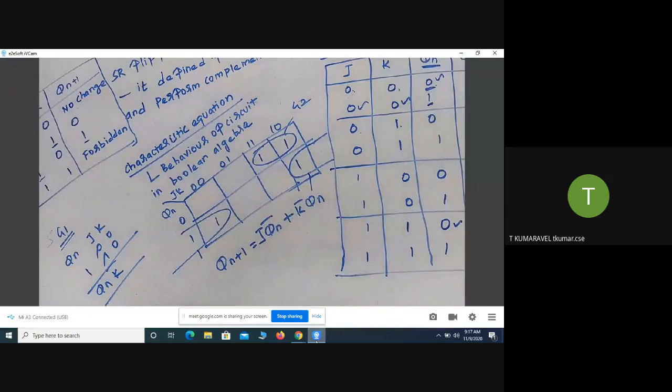That is called the characteristic equation. The characteristic equation tells the behavior of the circuit in Boolean algebra representation. Do you have any queries?